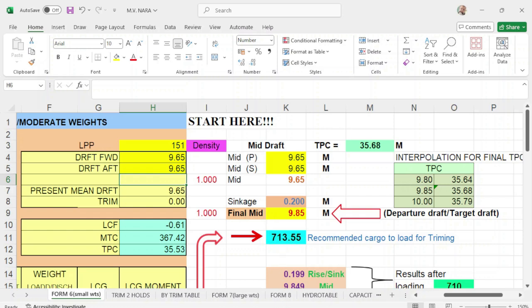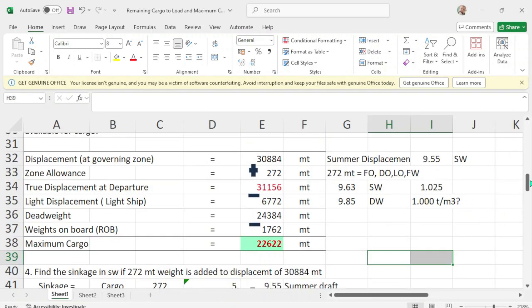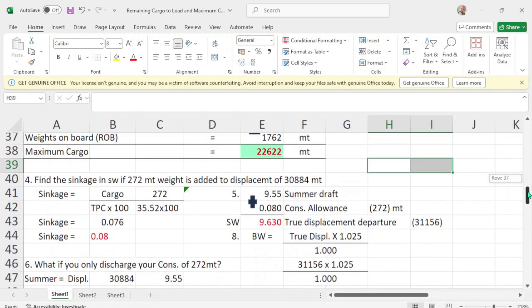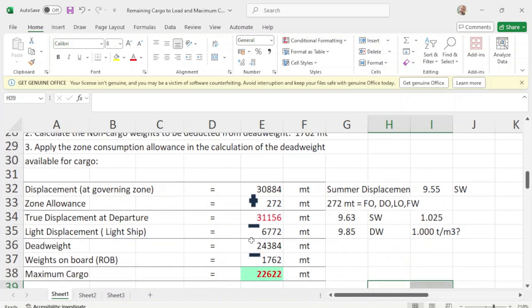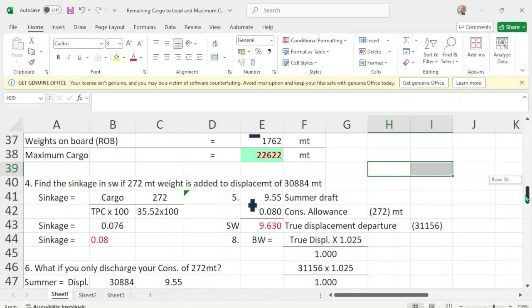So let's go back to the solution. This consumption allowance, if we convert that to centimeters, will be 8.80 centimeters.